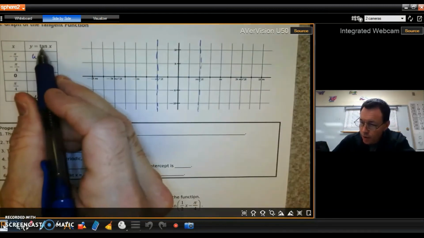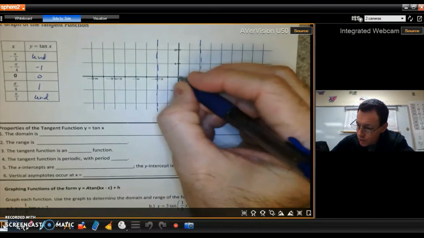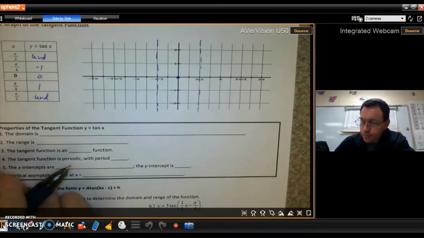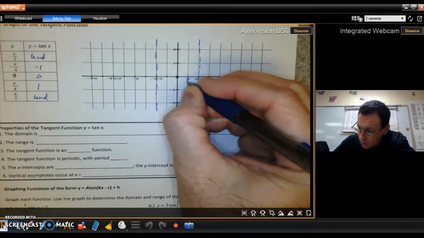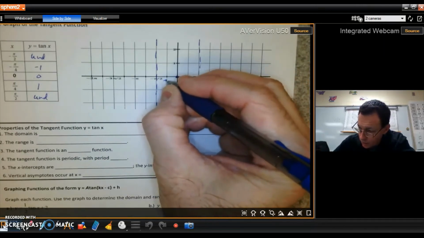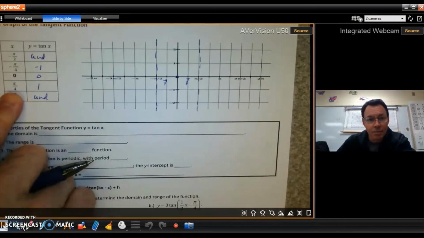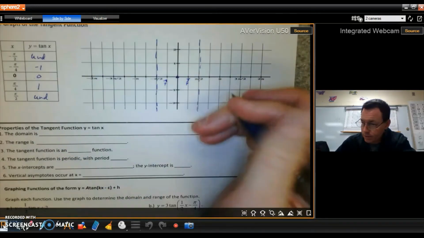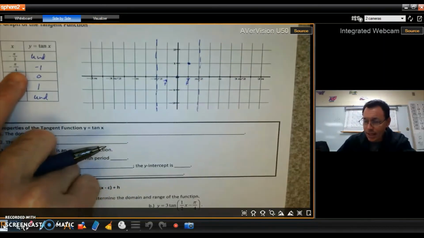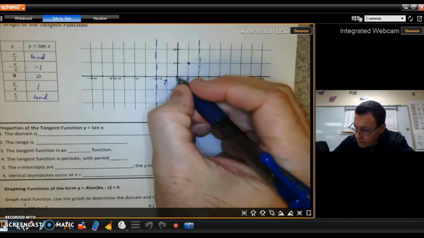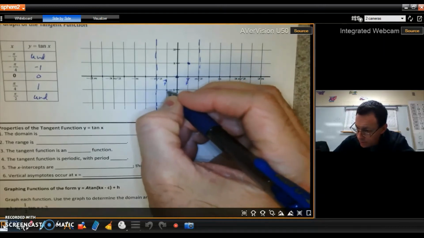So our tangent graph goes through the origin, 0, 0. This is pi over 4, and this would be negative pi over 4. So I've got pi over 4 and then up 1, so over and up. I've got negative pi over 4 and down 1, so left and down 1.